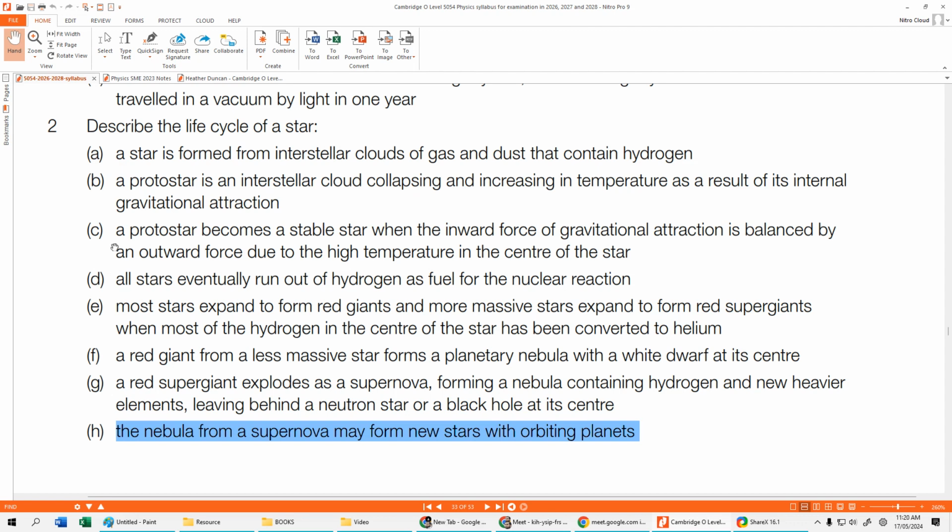Then they can ask you to describe the death process of a sun, of a star, or how does a star finish its life cycle. Then you have to write these last 4 bullets. The H bullet is not part of the life cycle of a star. Part of a life cycle of a star is finished at G. H is telling us what happens to the remnant of the supernova process.